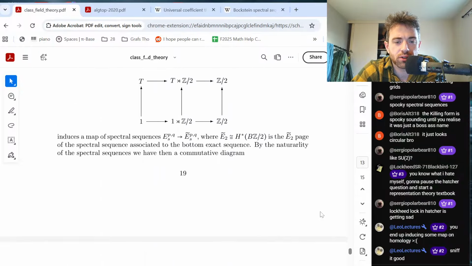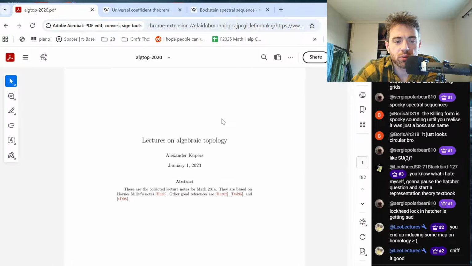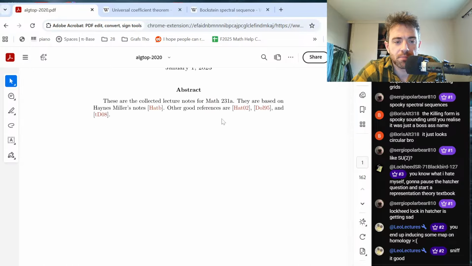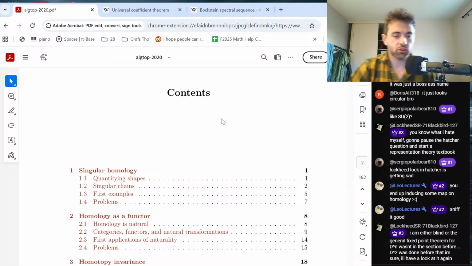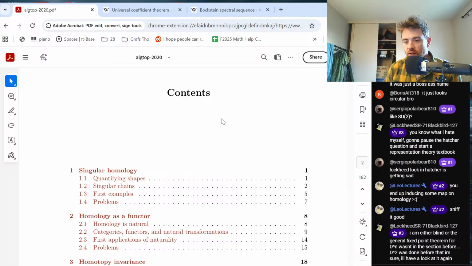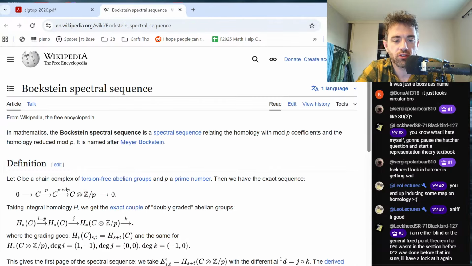There's other cool looking stuff here, but yeah, we should just go read an actual textbook. Oh, we do have this. Should I spend some time? I mean, my question about the Künneth formula is relevant to spectral sequences.